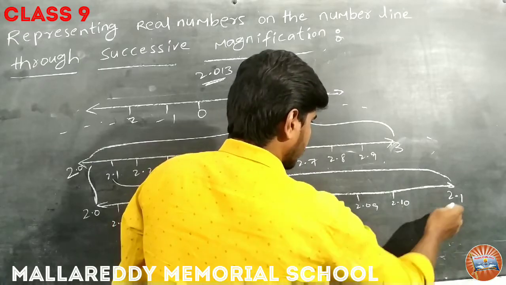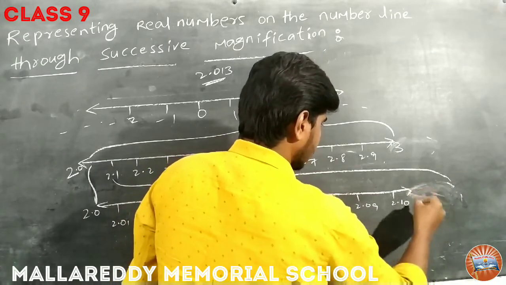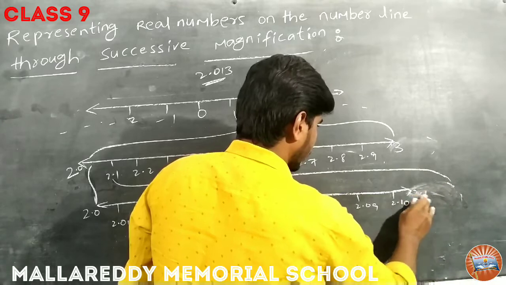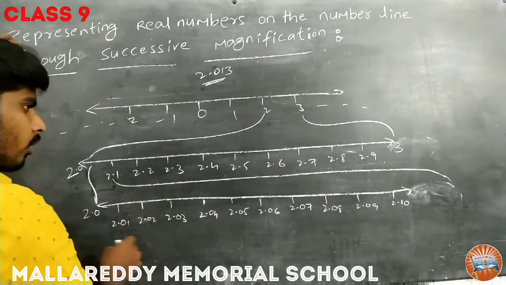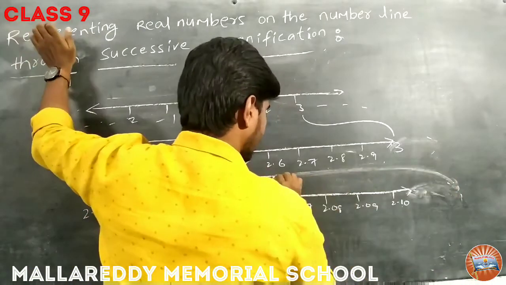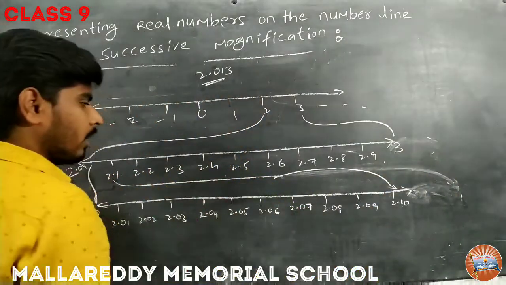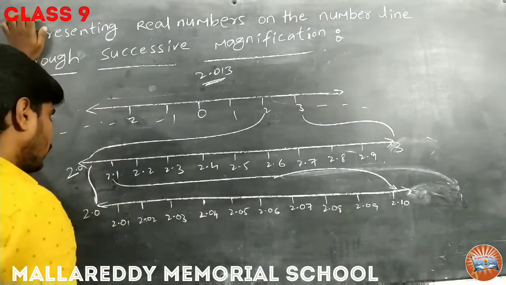It means again it becomes nothing but 2.1, so no need to represent it here.